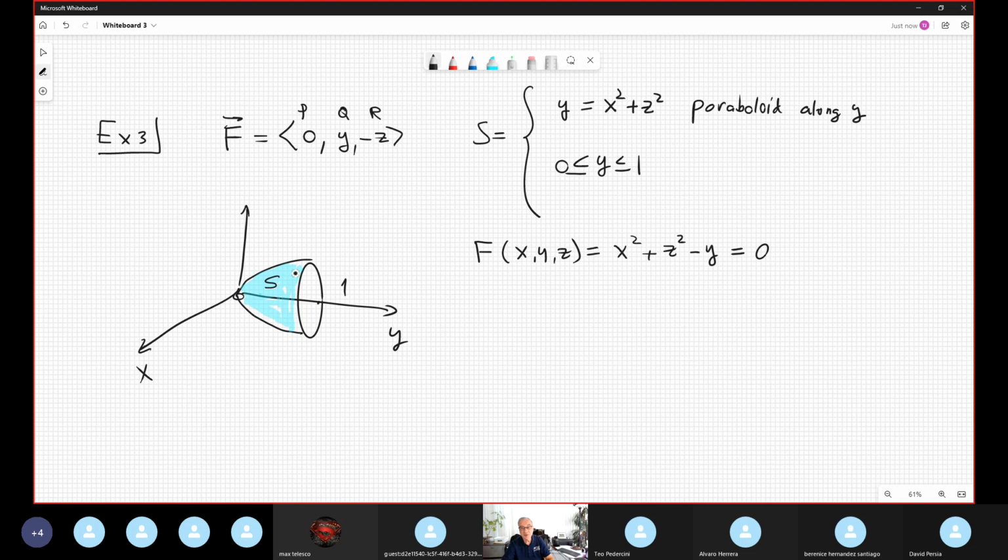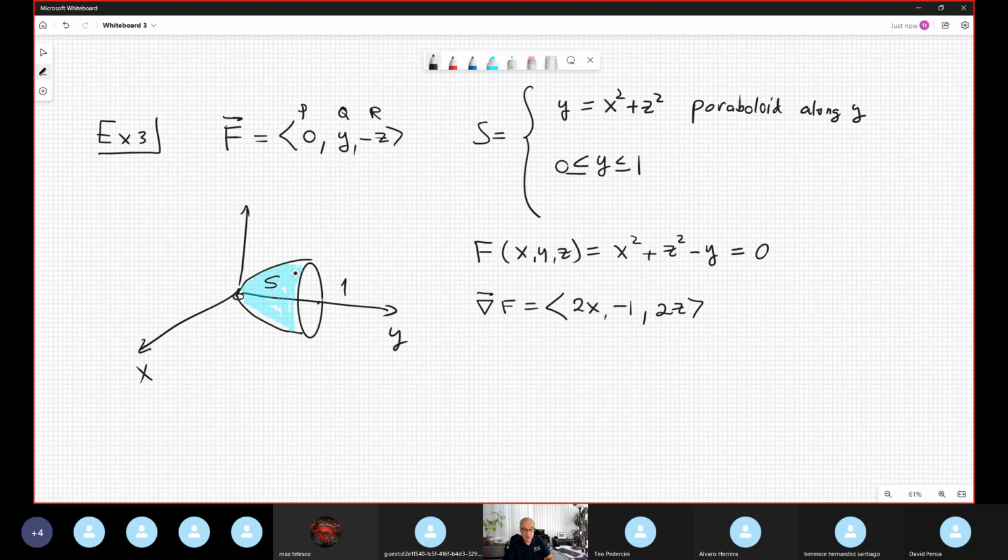Remember, equal to 0 on the right-hand side because I consider it implicit. And to compute the gradient of this: partial derivative with respect to x is 2x, comma, partial derivative with respect to y is -1, and partial derivative with respect to z is 2z.